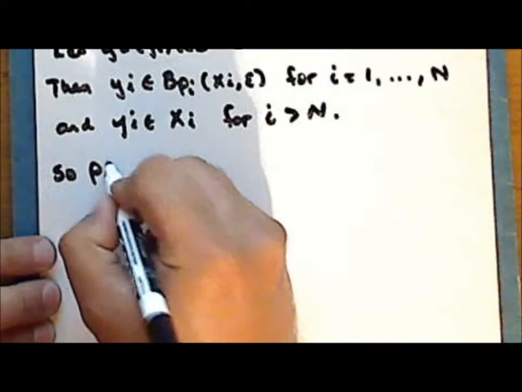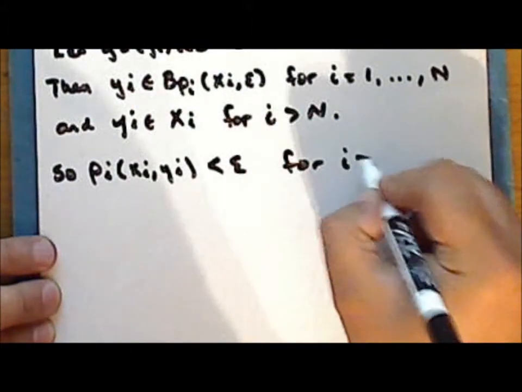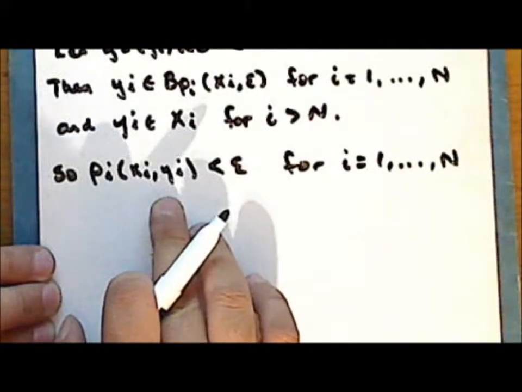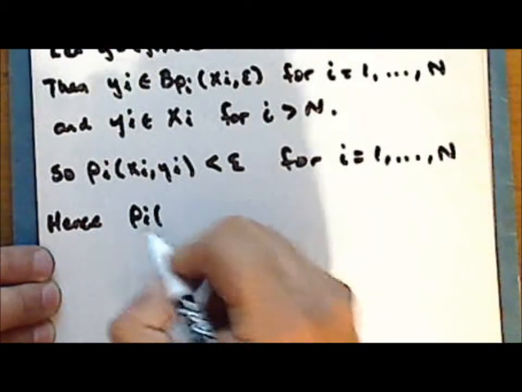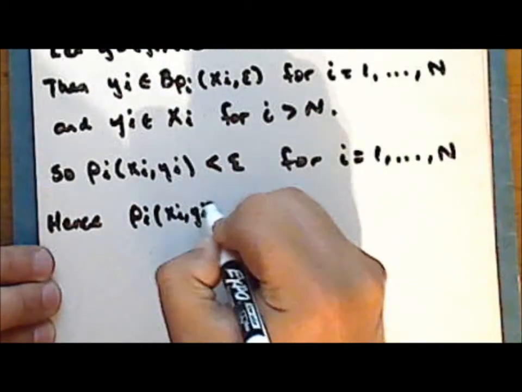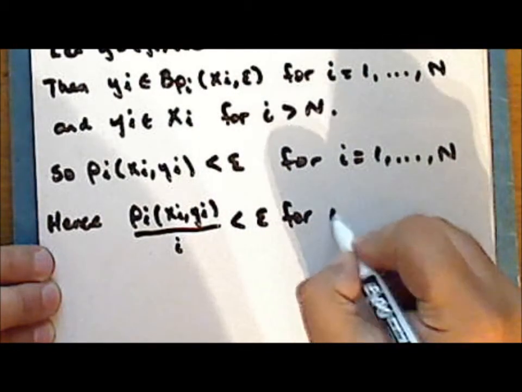So rho sub I from x sub I to the coordinate y sub I is less than epsilon for the values I from 1 to the positive integer n. So if we divide this left-hand side by any positive integer, it's going to be strictly less than this value, and so we have that the ratio of rho sub I from x sub I to y sub I over I is also less than epsilon, and again for the values of I from 1 to n.